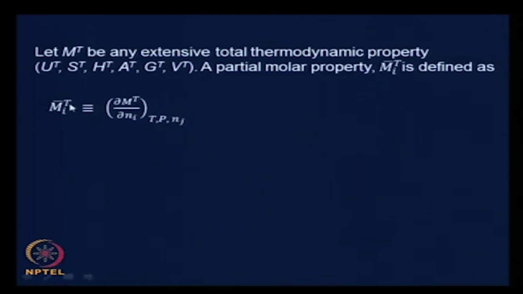Again, Mi hat, the partial molar property, is defined as the partial derivative with respect to Ni of Mt taken at constant temperature, pressure and all other mole numbers remaining the same. We will call this equation 4.11. This will become clearer as we go along.